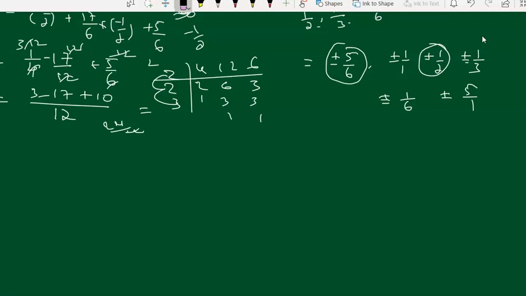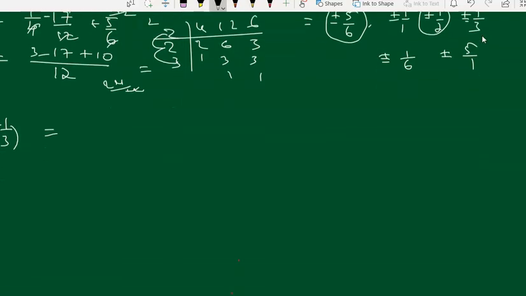Let me put minus 1 by 3 in this equation. If I put minus 1 by 3 here, what happens?